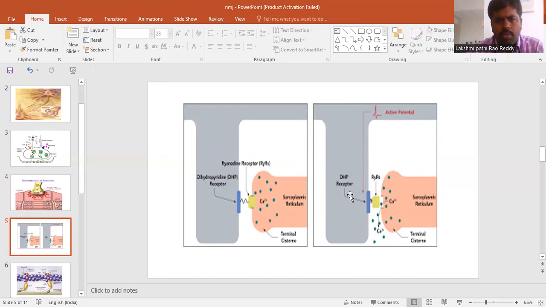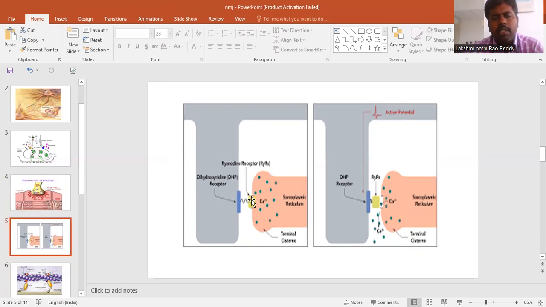So this is a T tubule. When the action potential is traveling and reaches the triad in the sarcoplasmic reticulum, first it activates the dihydropyridine receptors. You can see here, these are dihydropyridine receptors.